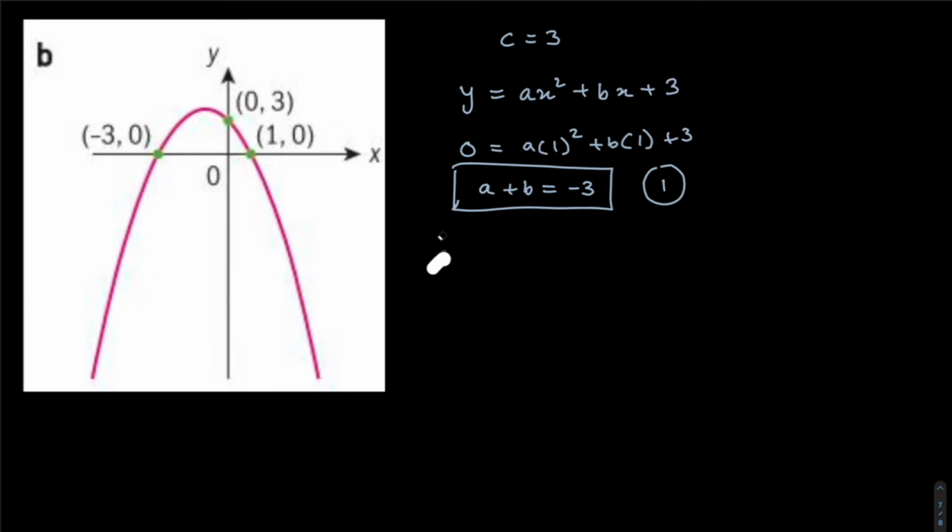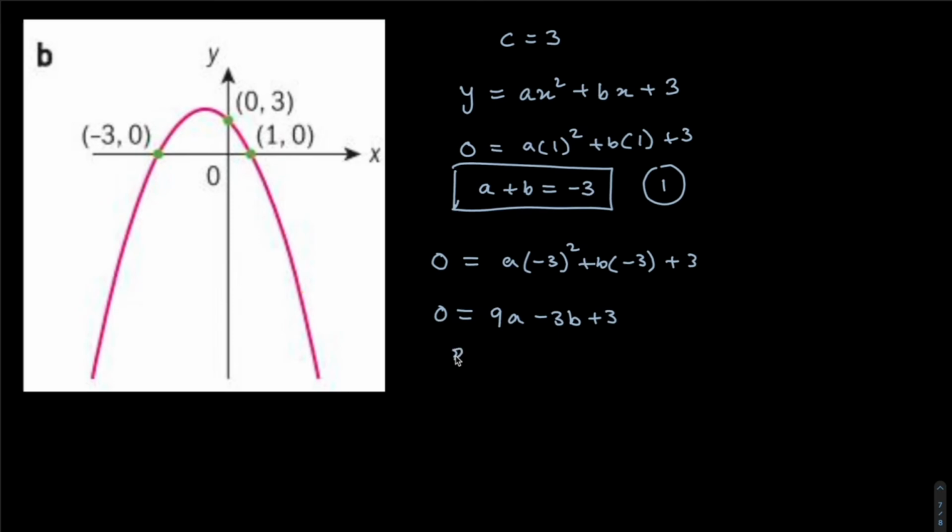Second equation will be, well, I'm going to have 0 is equal to a times minus 3 whole squared plus b times minus 3 plus 3. So I'm going to have 0 is equal to 9a minus 3b plus 3, right?